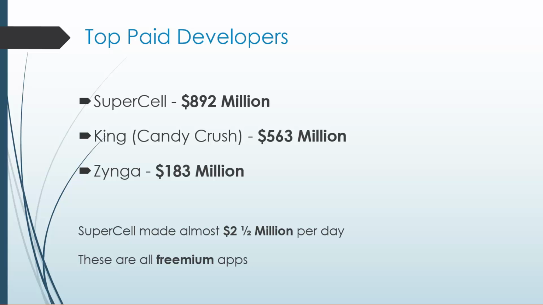This is what is actually possible in mobile app development. Obviously, these are very big companies, but nevertheless, it is possible. I should also mention that all of these apps are actually freemium apps. It's free to download, free to install, and money's being made through in-app purchases and advertising.